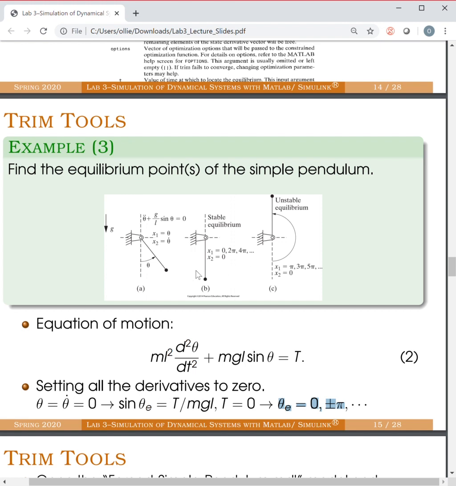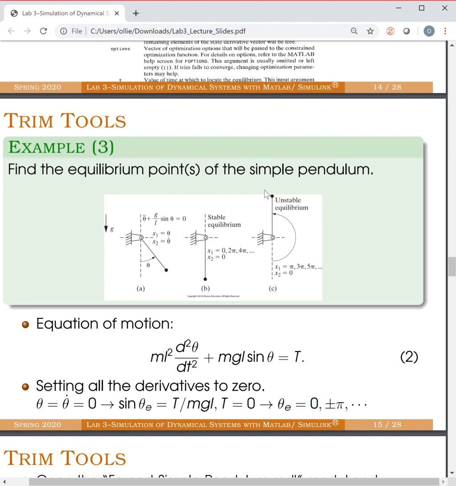What does this mean? It means that if you place the pendulum at the bottom here, with no initial velocity, theta equals 0, theta dot equals 0, it's just going to stay there. The same can be said for theta equals pi. If you put it here, theta equals pi, theta dot equals 0, it's just going to stay there forever.